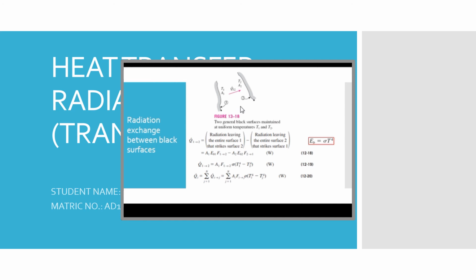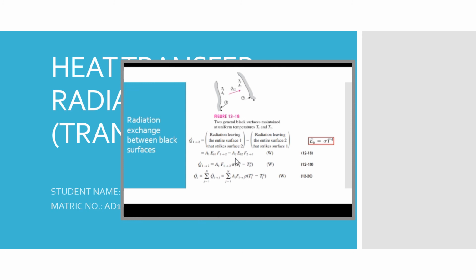Recognizing that radiation leaves a black surface at a rate of emissive power equal to sigma T to the power of 4 per unit surface area, and that the view factor F1 to 2 represents the fraction of radiation leaving surface 1 that strikes surface 2, the net rate of radiation heat transfer from surface 1 to surface 2 can be expressed as equation 12.18.